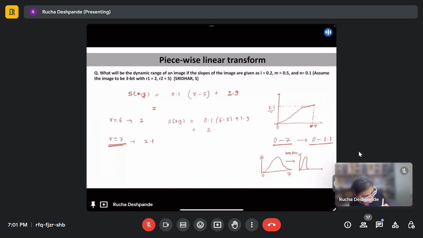So based on these slope values, we can tell if the output image would be brighter or darker than the input image. If these slope values are greater than 1, then the output image would be brighter, and if they are less than 1, then it would be darker.